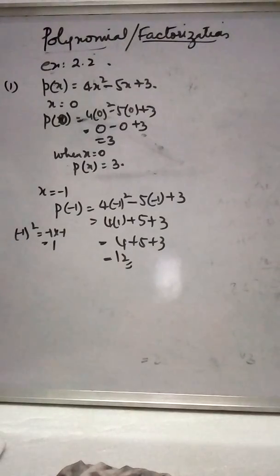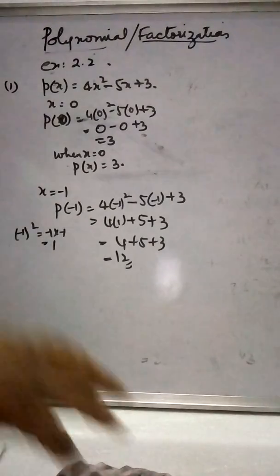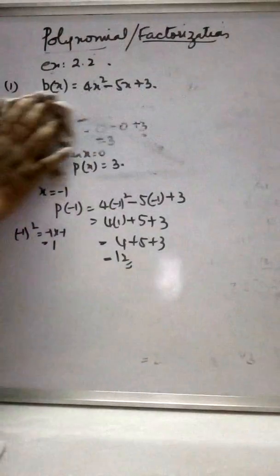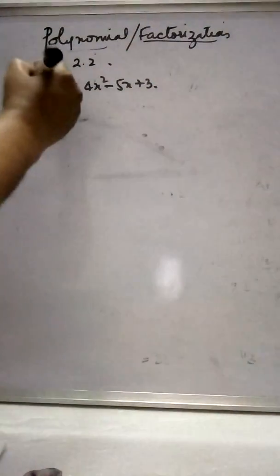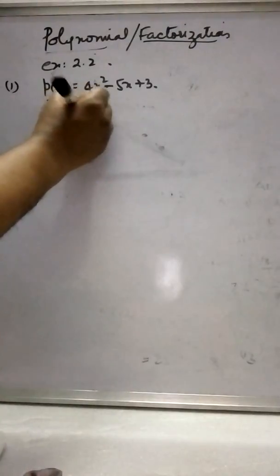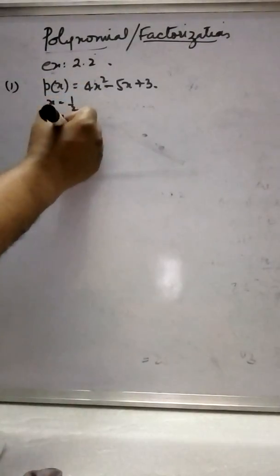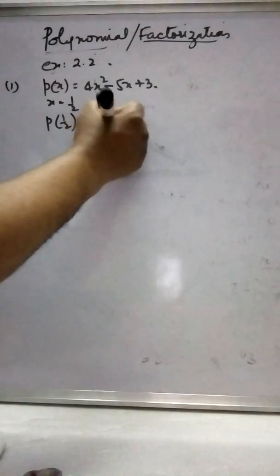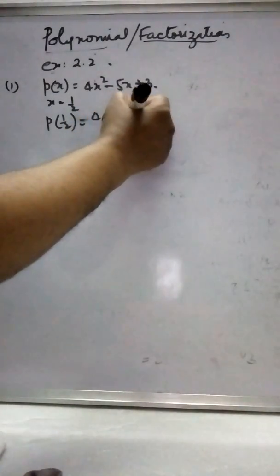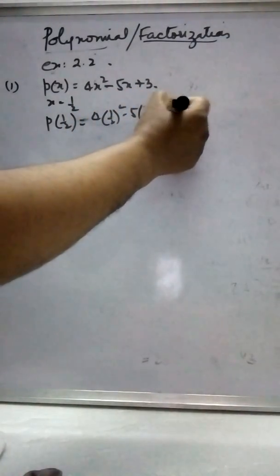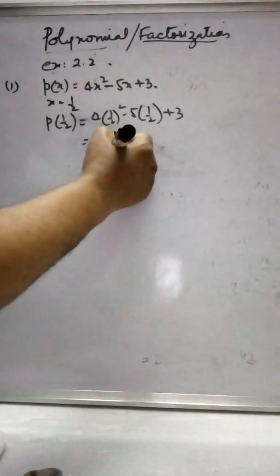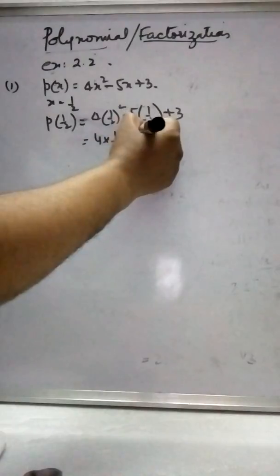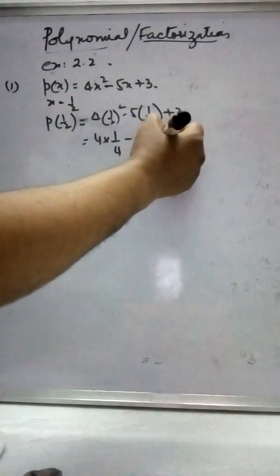Now we will see what happens when x is equals to 1 by 2. What will be the value of p of x when x is equals to 1 by 2. So we'll say p of 1 by 2 is equals to 4 into 1 by 2 whole square minus 5 into 1 by 2 plus 3. So this gives me 4 into 1 by 2 into 1 by 2 will be 1 by 4 minus 5 ones are 5 by 2 plus 3.